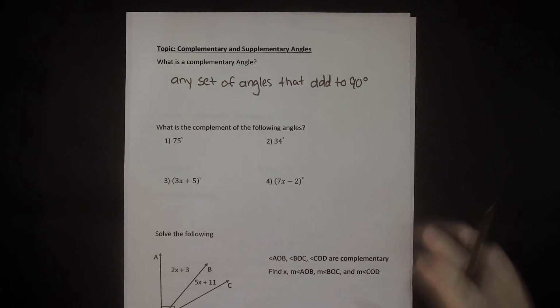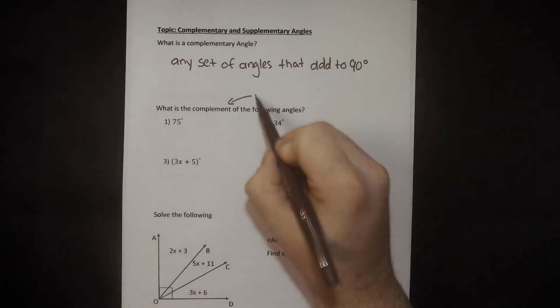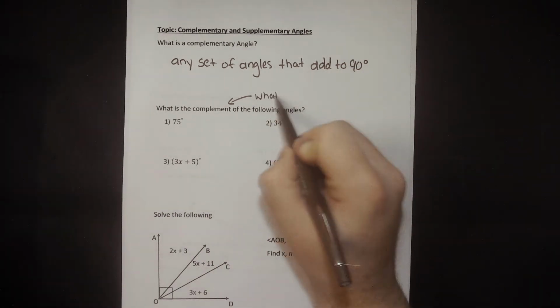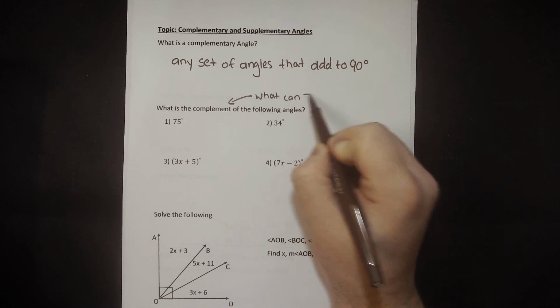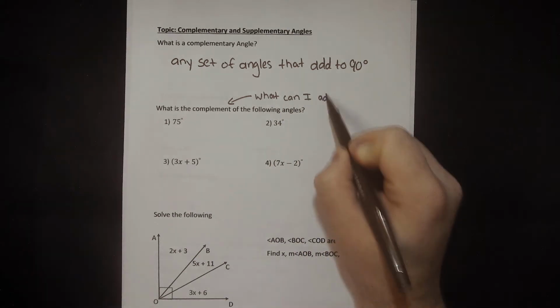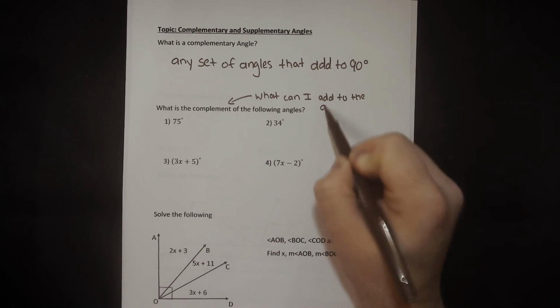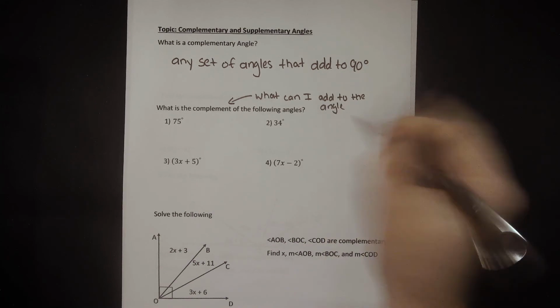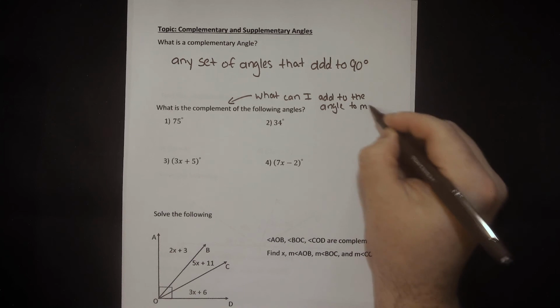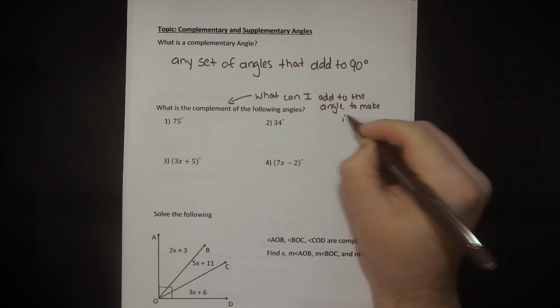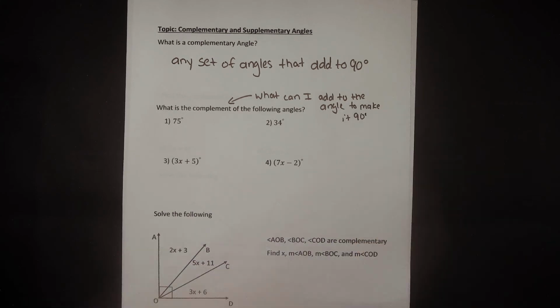Well, let's say that I want the complement of the following angles. So in reality, what I'm asking here when I ask for the complement is I'm asking for what can I add to the angle to make it 90 degrees.